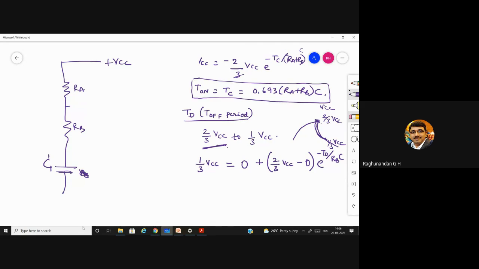Now we connect the transistor. To charge this capacitor, we need plus VCC, so the current flows through RA, RB and reaches the capacitor. When it discharges, the capacitor discharges through the transistor. Now tell me whether the current can go directly like this, or whether it has to cover RA and come back to the transistor.